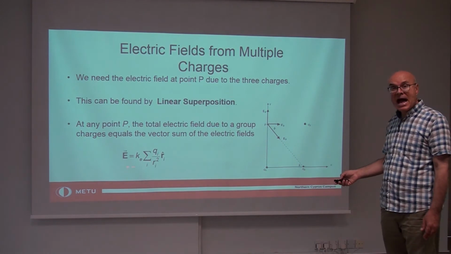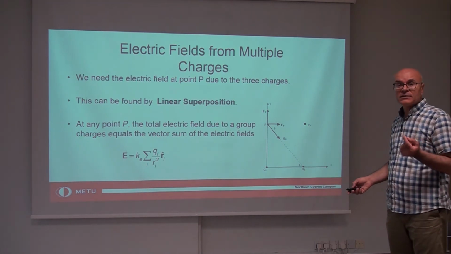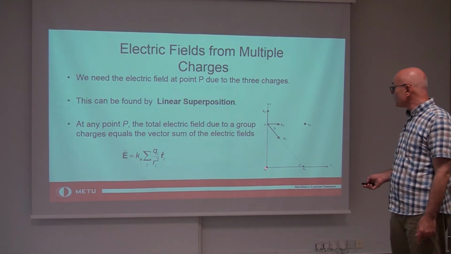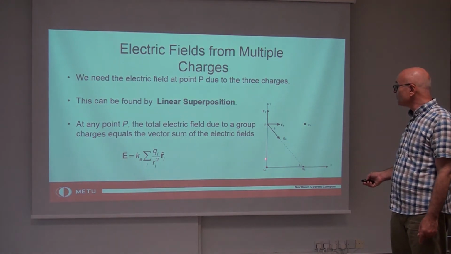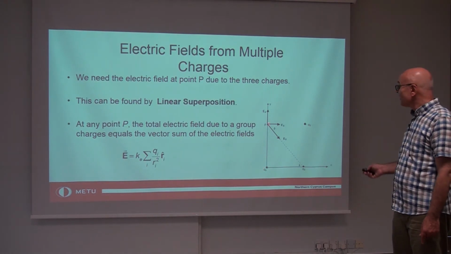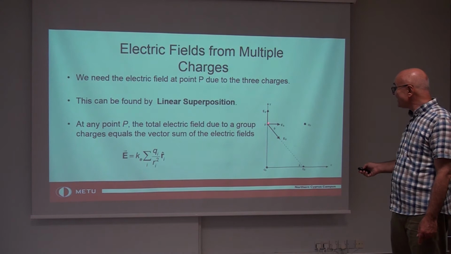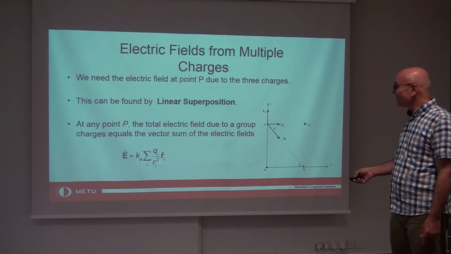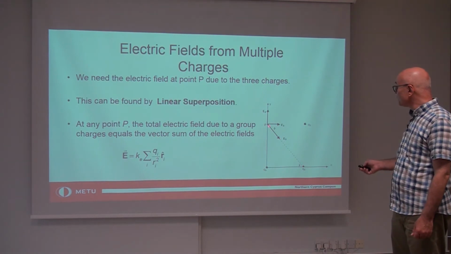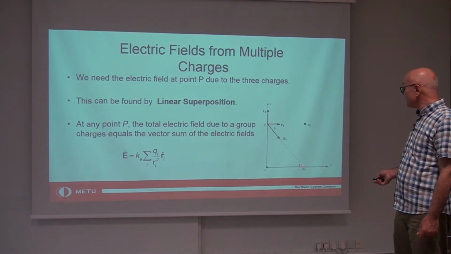Now r hat i is the unit vector. r hat 1 is a unit vector that goes from Q1 towards P, so it's in this direction. Now since Q1 is positive, then E1 is along r hat 1, as we have discussed earlier. Whereas, for example, for Q2, this is r hat 2, which will be in this direction.